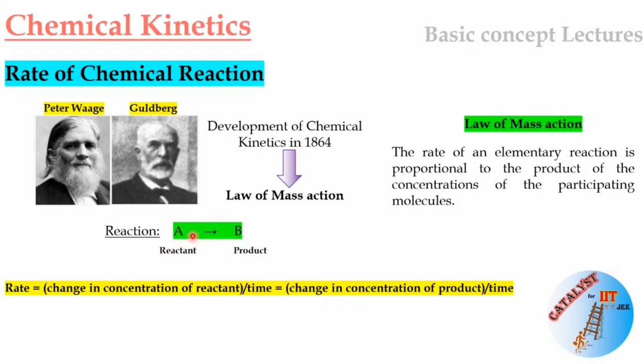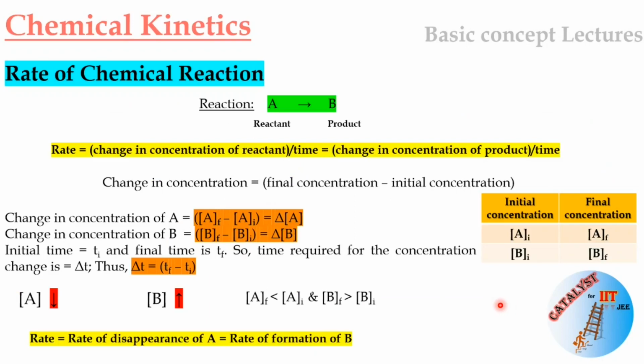Now as you have seen, the rate is nothing but the change in concentration over time. So we can say that rate is the change in concentration of the reactant over time, and if the reactant concentration is changing, that means the product concentration is also going to change. So we can also say that rate is equal to the change in concentration of the product over time as well. What is the change in concentration? It is measured by the final concentration minus the initial concentration.